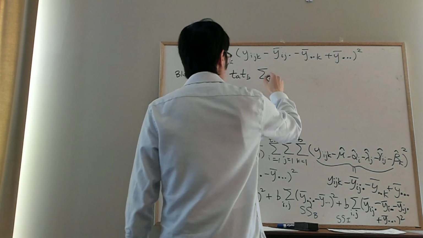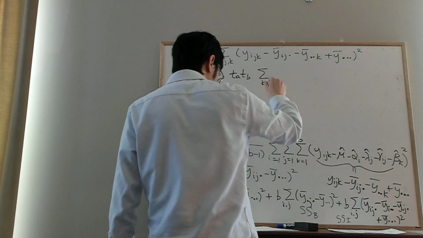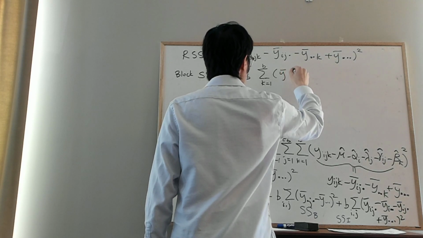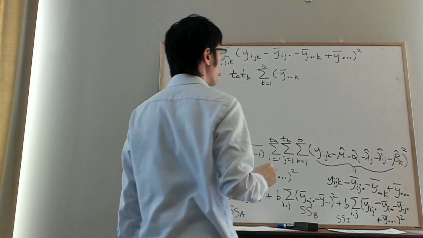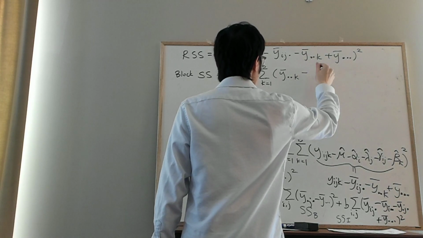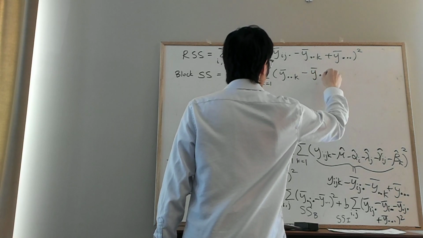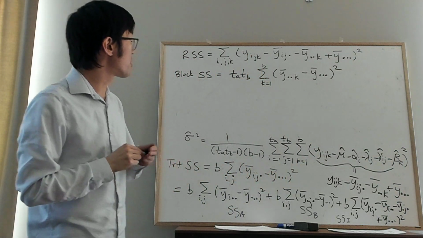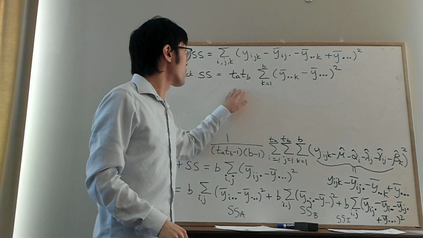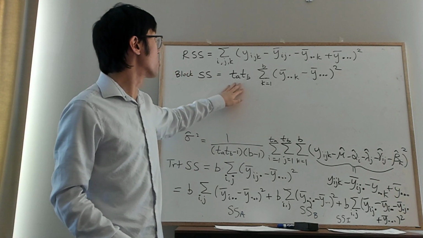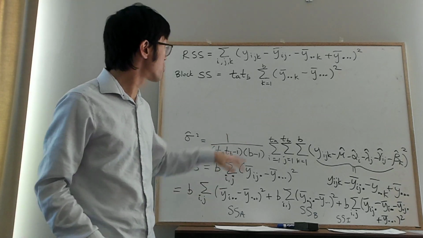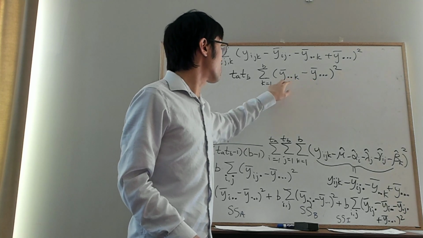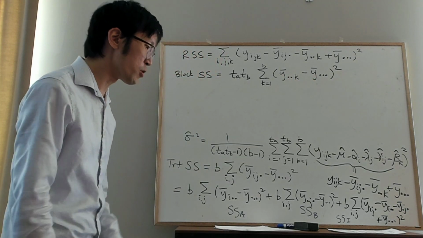So that just looks like summation over K, over all blocks. So take the block mean, that's Y bar dot dot K, everyone assigned to block K. That's the mean of block K minus the overall mean, squared. So that is the block sum of squares. It's exactly the same thing as in RBD, just rewritten using the two-factor notation. So the number of treatments times the sum of the squares of the block means from the overall mean. So that's the block sum of squares.